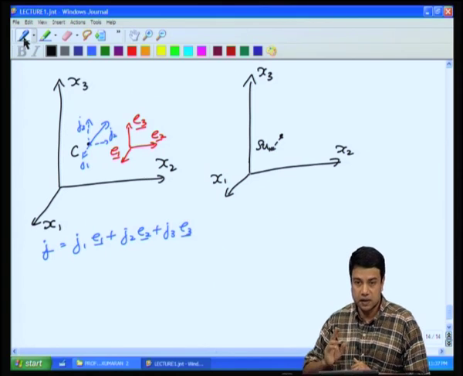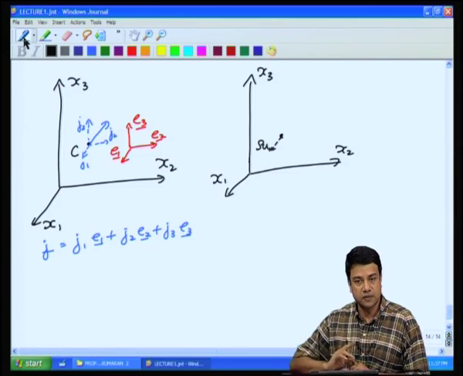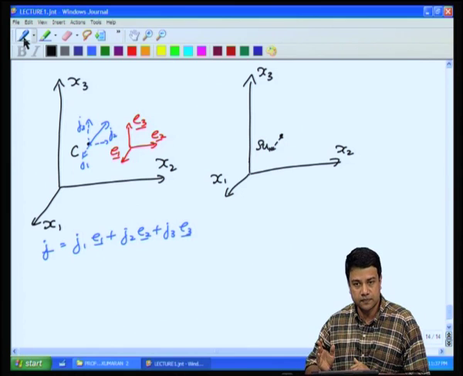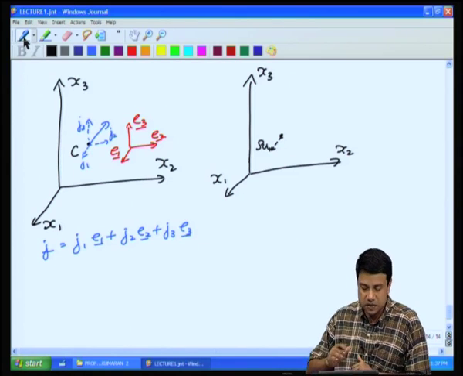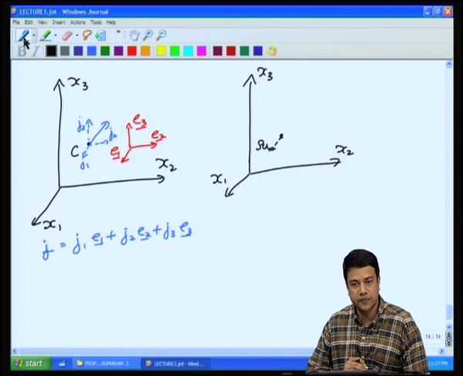So, I can have x1 momentum being transported in the x1 direction, x1 momentum being transported in the x2 direction, and x1 momentum being transported in the x3 direction. So, there are three directions in which this particular component of the momentum, rho u1, can be transported due to molecular diffusion.